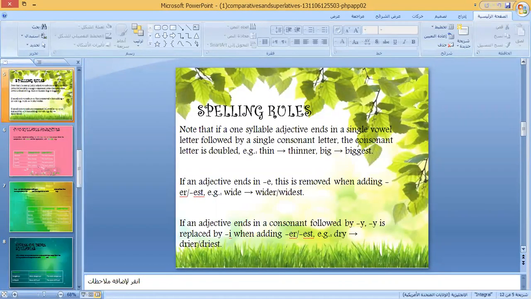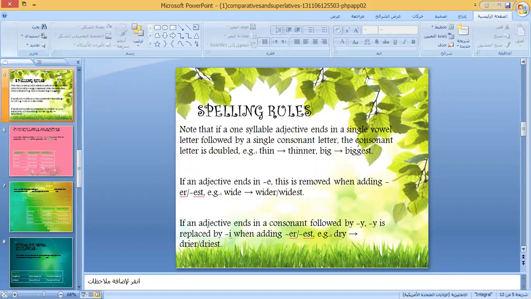Spelling rule. Note that if a one-syllable adjective ends in a single vowel letter followed by a single consonant letter, the consonant letter is doubled, e.g., thin, thinner, big, biggest.